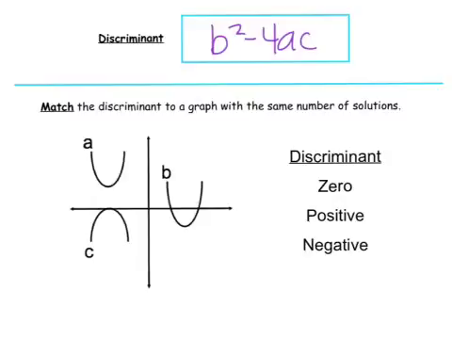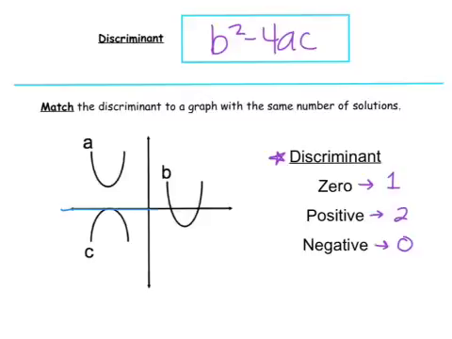Based upon our discriminant, it could be 0, positive, or negative. If it's 0, we have one solution. If it's positive, we have 2 solutions. And if the discriminant is negative, we have 0 solutions.